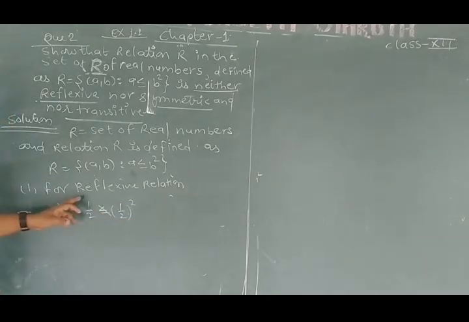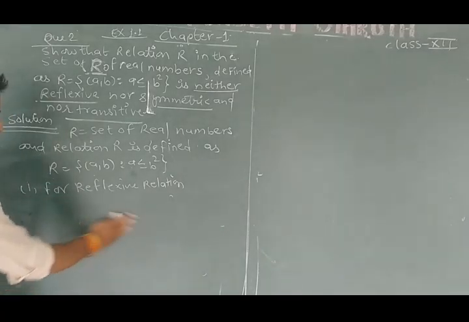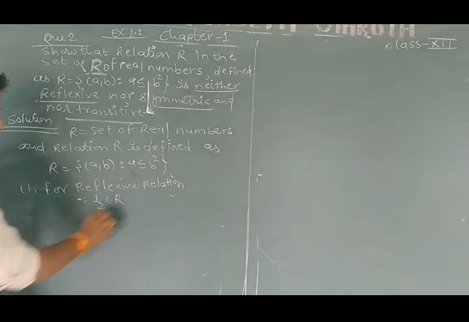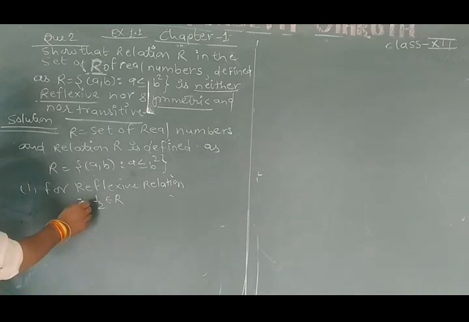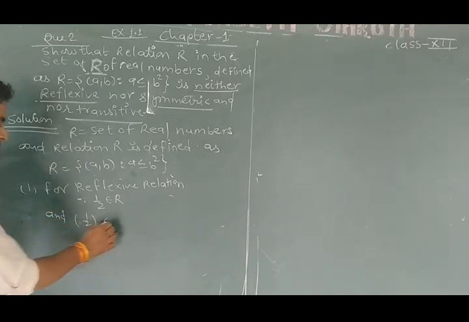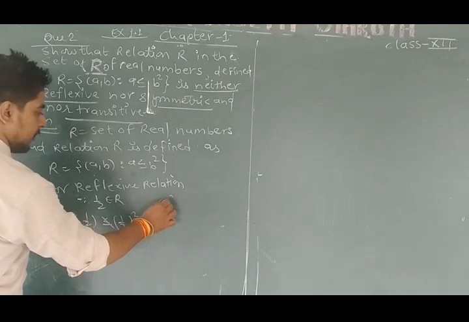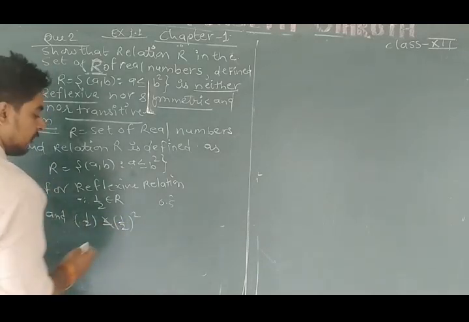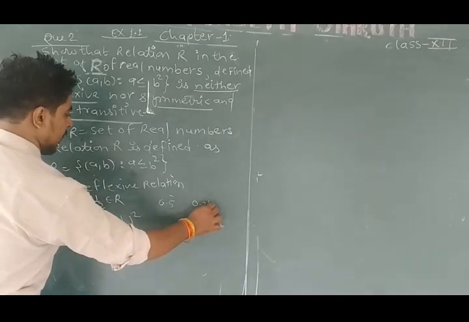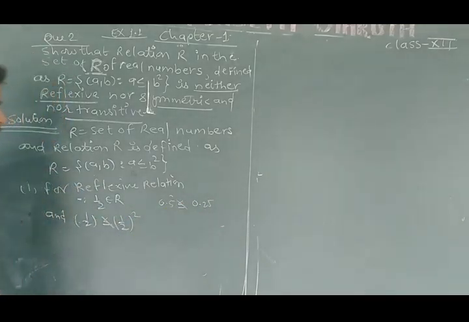We have taken 1 by 2 from the real numbers; it is a rational number, and the set of rational numbers is a subset of the real numbers, so 1 by 2 belongs to R. Now 1 by 2 is 0.5 and (1 by 2) square is 1 by 4, which is 0.25, and 0.5 is never less than or equal to 0.25.